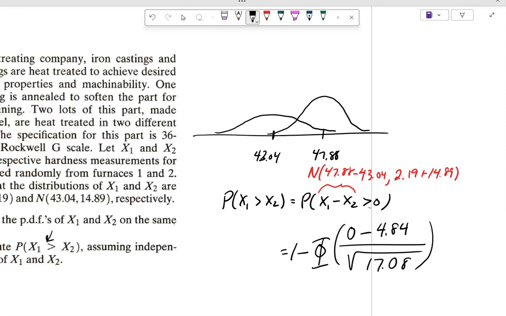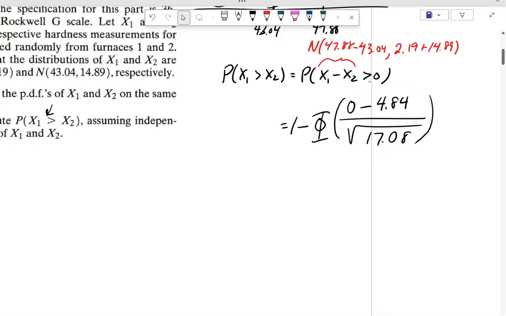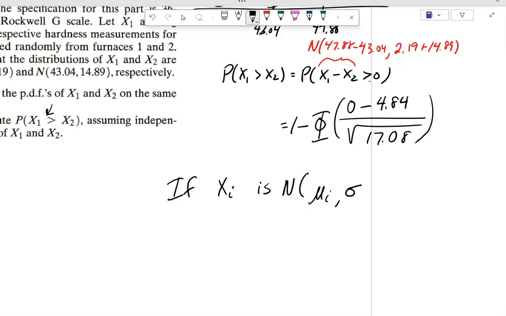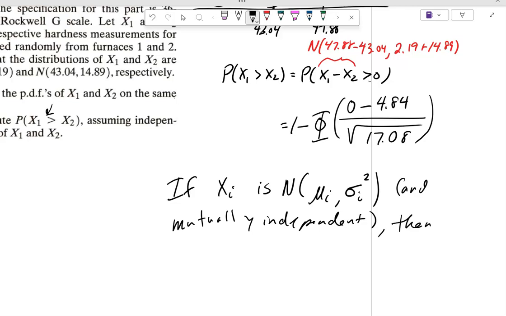So the idea here is that, just write this off to the side again. If x sub i is normal with mean mu sub i and variance sigma squared sub i, and they're independent, then if I do the sum of the x sub i's from 1 to n, this is still normal.